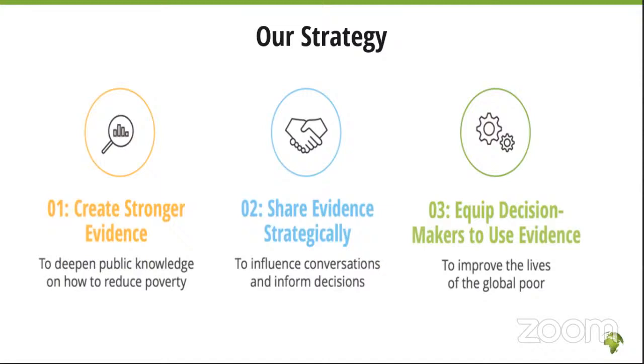Once we have these findings, we go back to inform the policymakers of the findings and how they could translate into policy. And finally, we're talking about equipping decision makers to use the evidence. It's one thing to share the evidence, but another thing to empower the policymaker to use that evidence to inform policymaking processes or decisions.